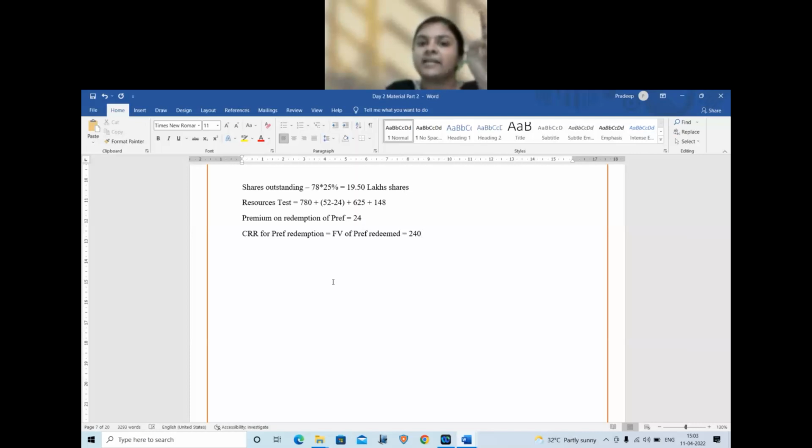I have already subtracted securities premium. Now assume from general reserve I am subtracting the CRR. 625 minus 240. Now find out your resources. Total resources available: 1341.